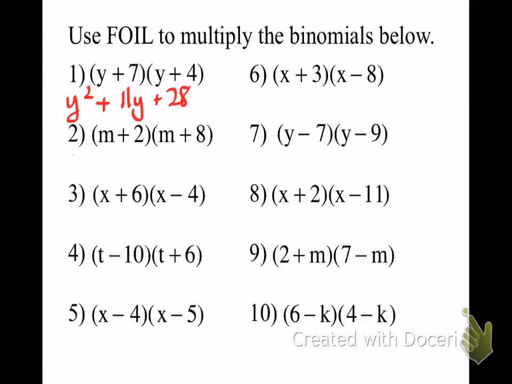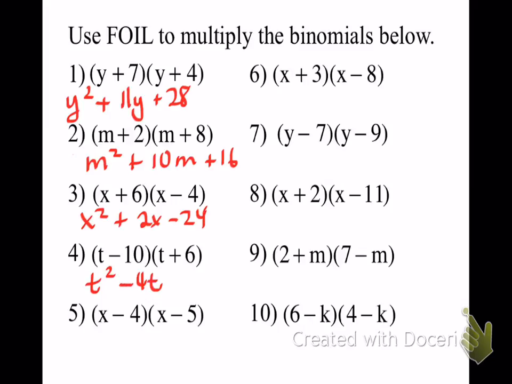All right, so now let's check our work. So number 2 was m squared plus 10m plus 16. The next one is x squared plus positive 6, negative 4 is positive 2x minus 24. Next is t squared minus 4t minus 60.